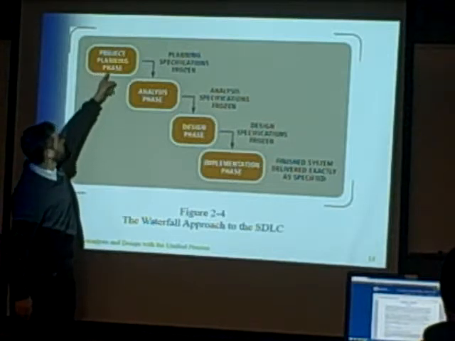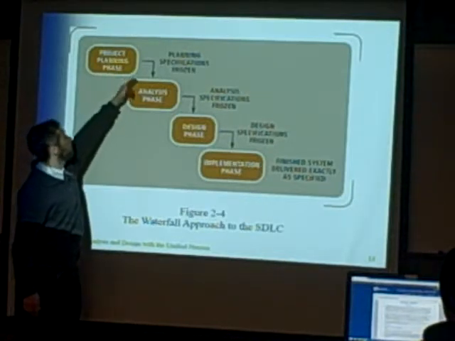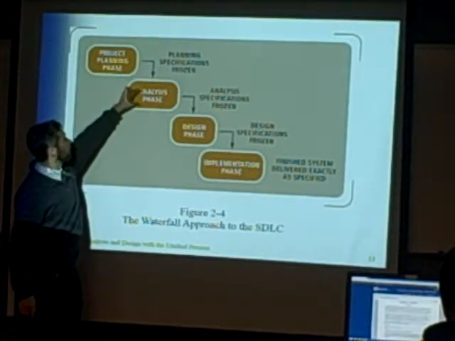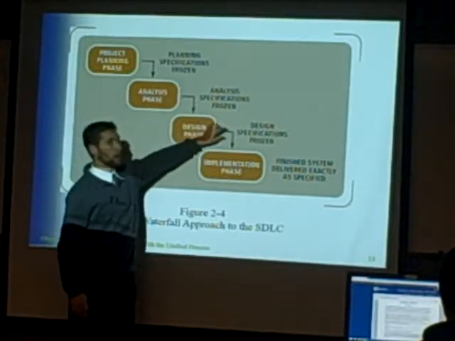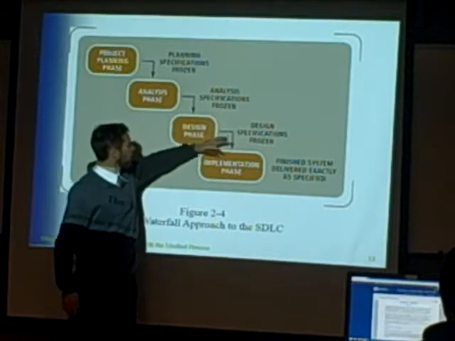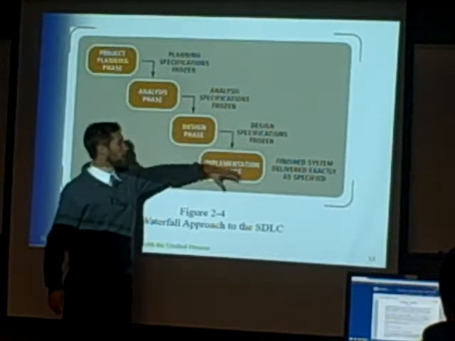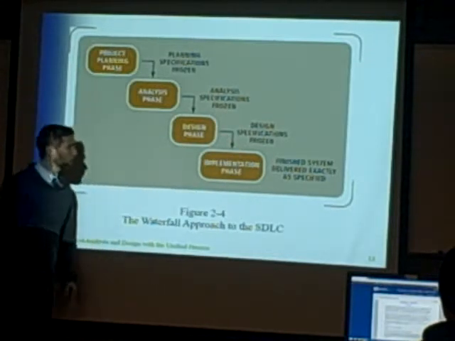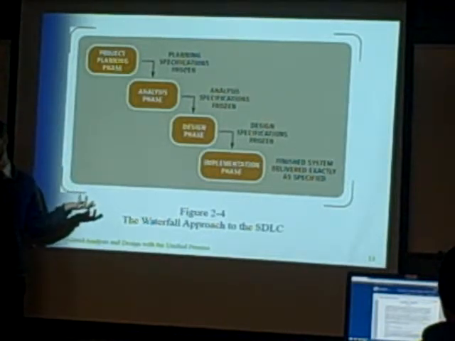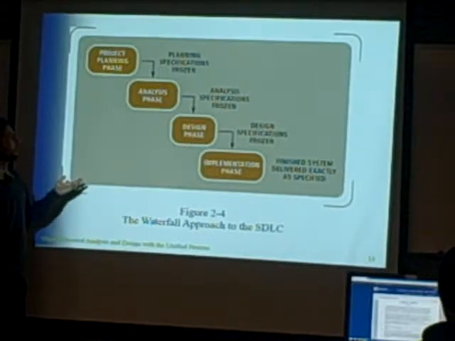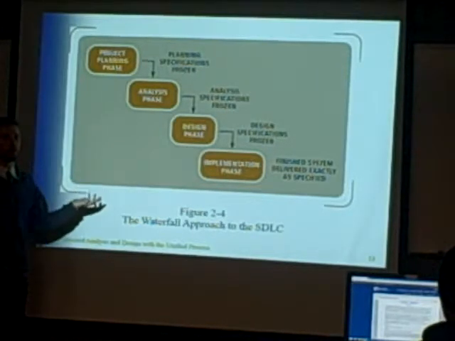So you get a high idea of what you're supposed to do. Then you go figure out the specifics of what you're supposed to do. Then do the specifics of the software design, and then you build it, and then you deliver. So the reason why this is maligned is because, particularly in big government, it used to be the case that there would be 5-year-long software projects.